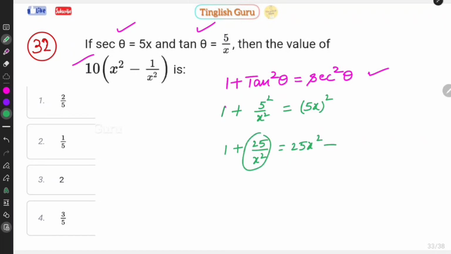Send this value to this side, then it will become 25 x square minus 25 by x square is equal to 1. Take 25 common, then it will become x square minus 1 by x square is equal to 1 by 25.